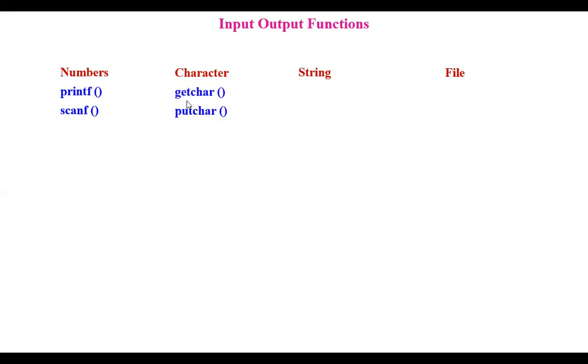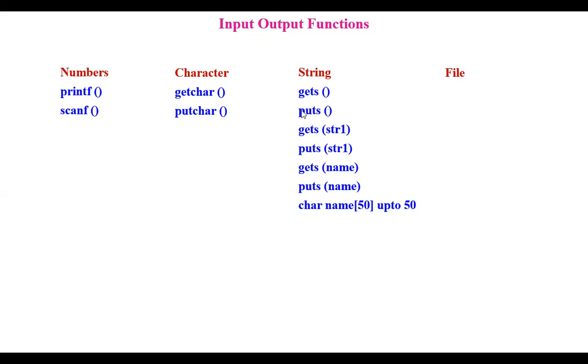Clear? Next. Coming to the input-output functions, you can classify them. For numbers, integers and floats, we use printf and scanf functions. To read characters, we use getchar, putchar functions. To read or display strings, we use get string, put string, gets, puts, okay? With gets a string name variable, with puts a string name variable. And the character string is declared as an array.